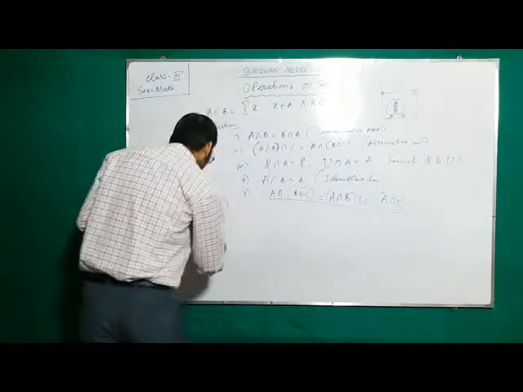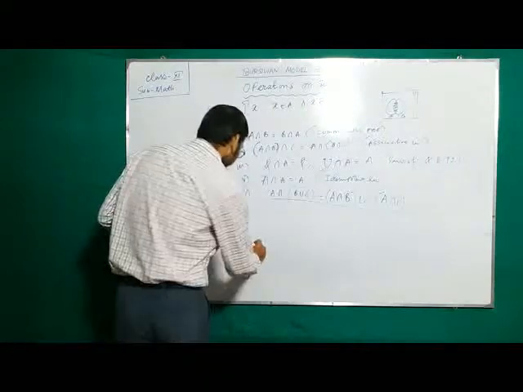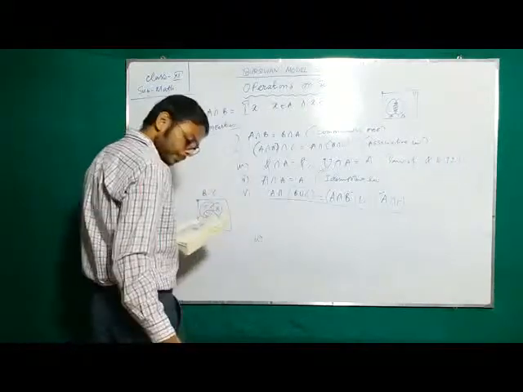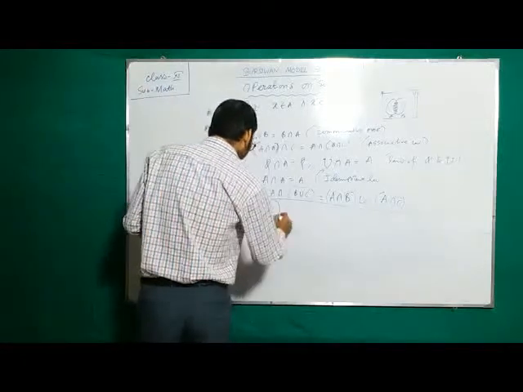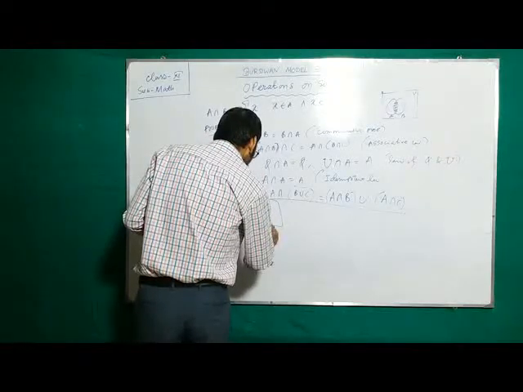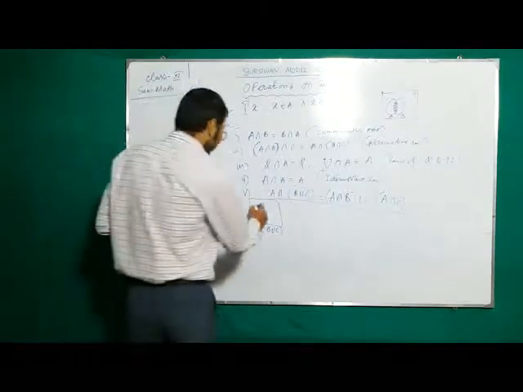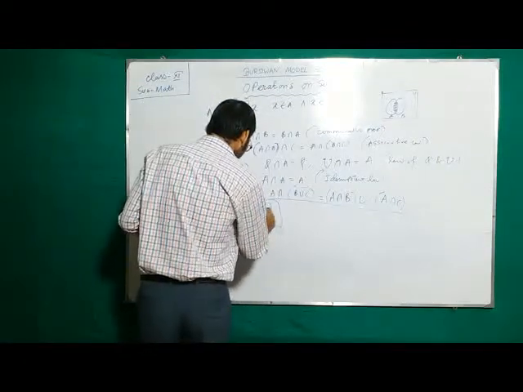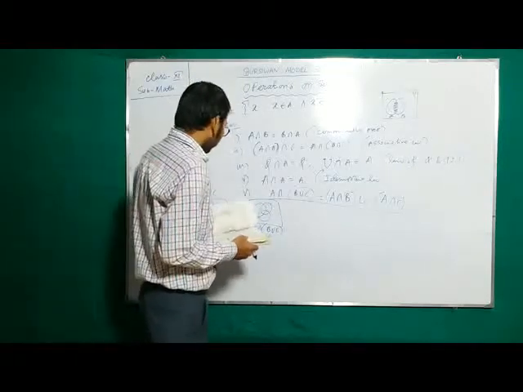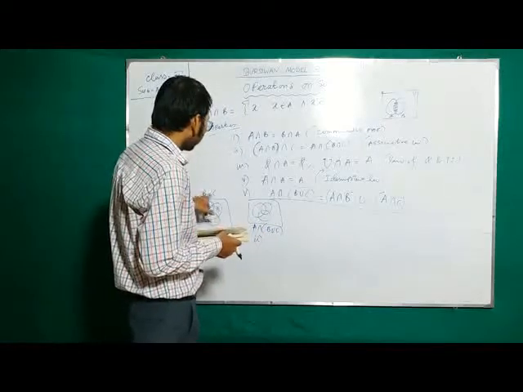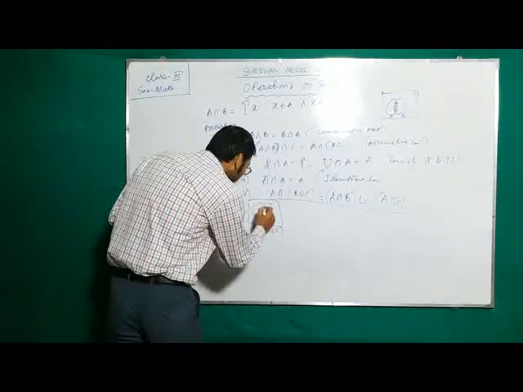Next, figure number 2. This is figure number 1. Figure number 2: I am drawing here A intersection B union C. That means only the common portion with A from B union C. I have marked here only the common portion with A, that means these two portions.